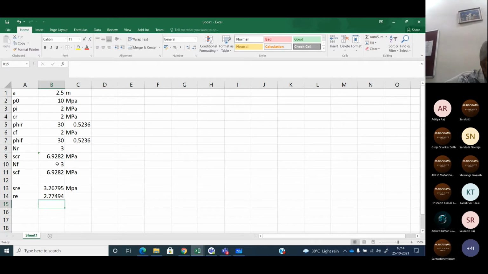Let me see, in the book the calculation is a little different. Sigma Re is fine, but Re calculation is still wrong.